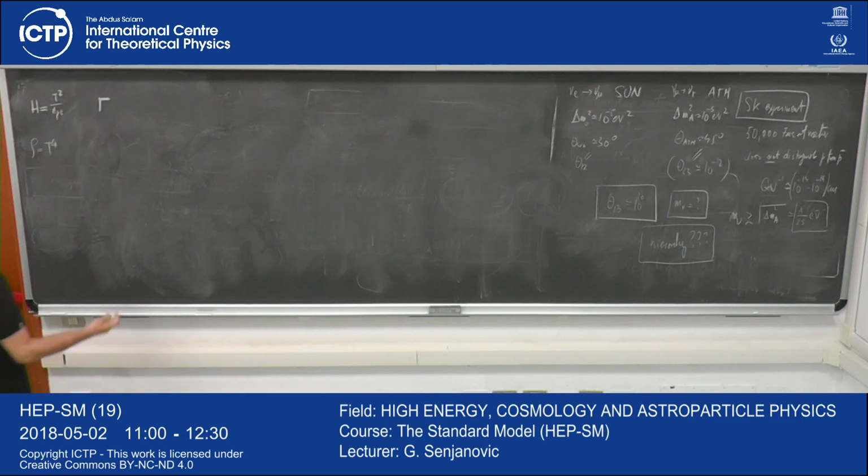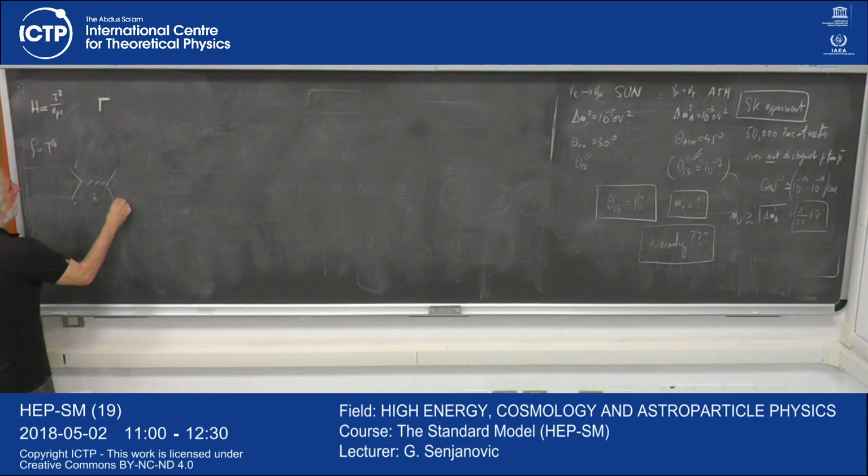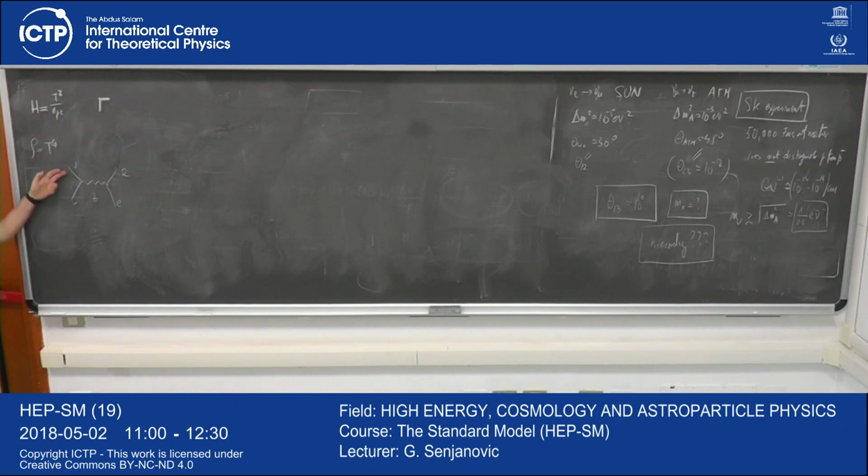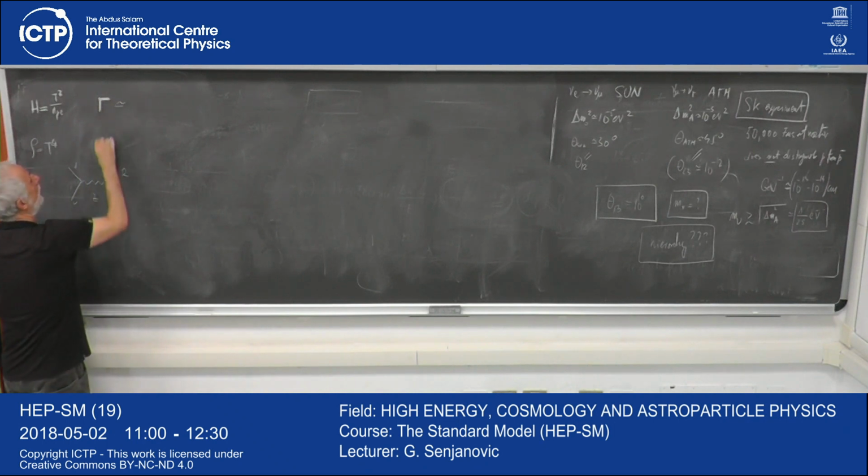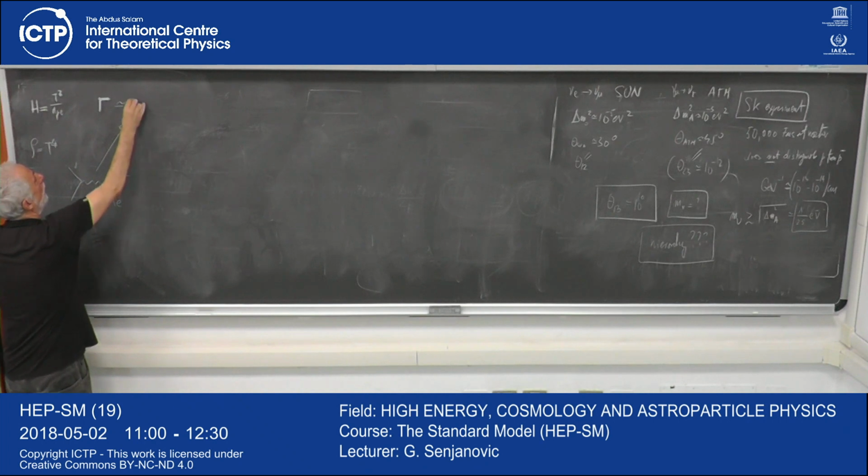Well, for example, neutrinos can interact with the Z boson and the electrons, or W, or electron neutrino, up and down, and so on. But this is there for sure. So if I ask you what is the decay rate for this, it would be GF squared, right?